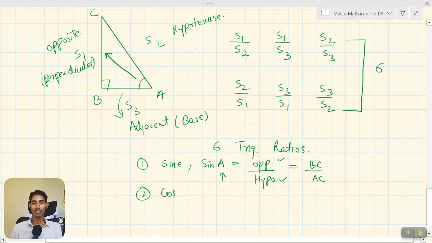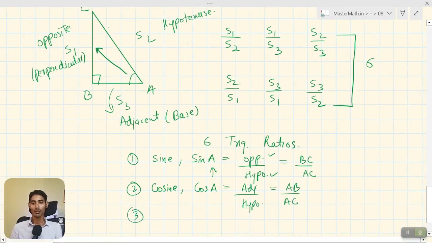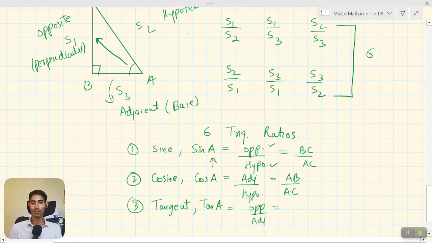And the second one is cosine, written in short as cos, which is adjacent by hypotenuse, and adjacent would be AB here, and the hypotenuse is the same, AC. The third one is tangent, which we just studied, written in short as tan A, and this is opposite by adjacent. Opposite was BC and adjacent was AB.